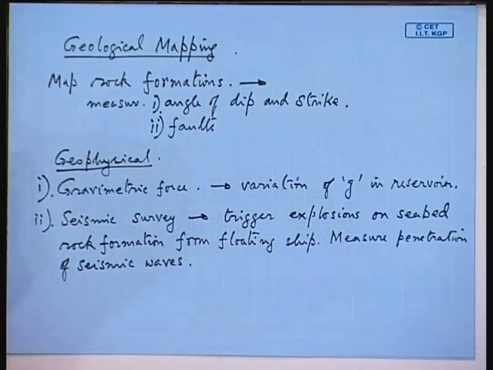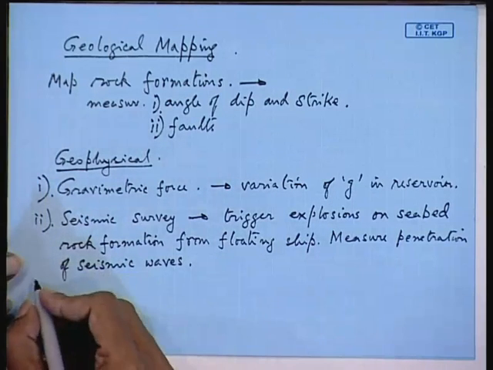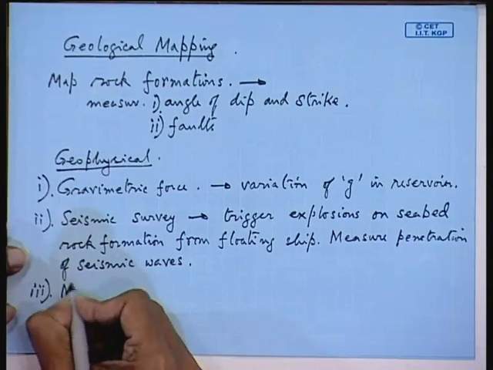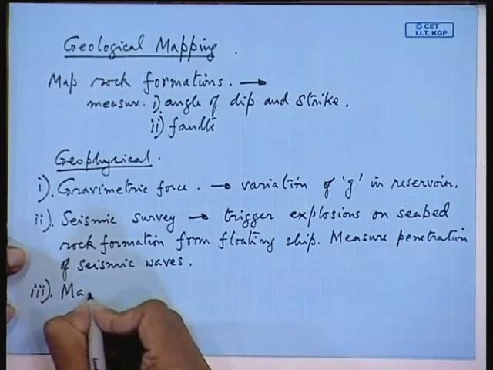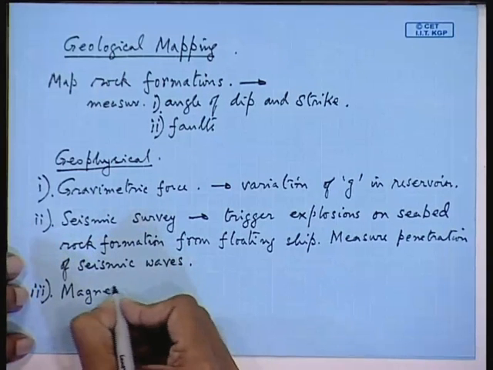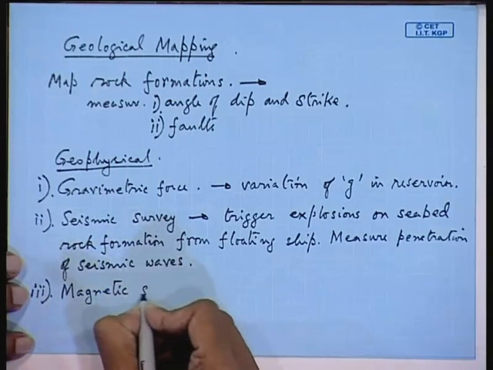The last survey is called a magnetic survey. These are the different forms of survey work which is normally done.